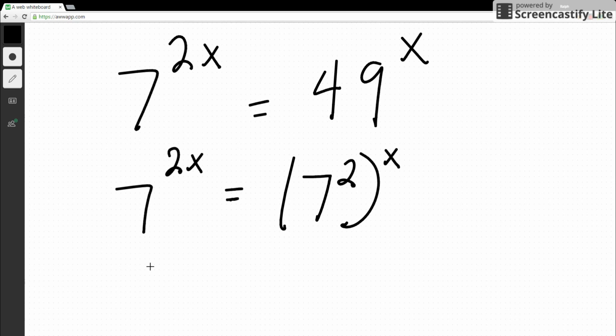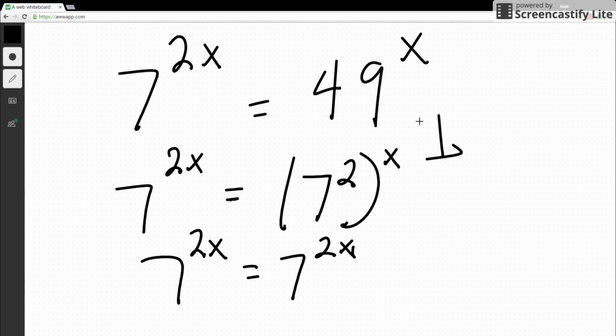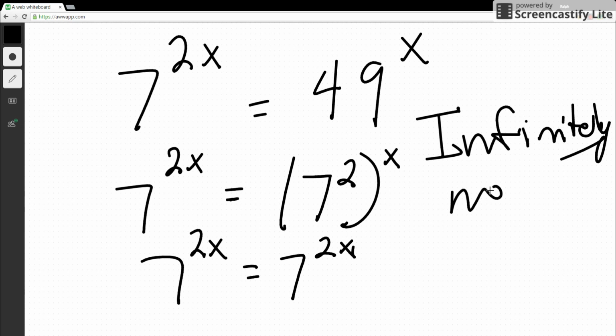And here I would multiply these powers together. If I have the exact same thing equal to each other, that is infinitely many solutions right there. Infinitely many solutions.